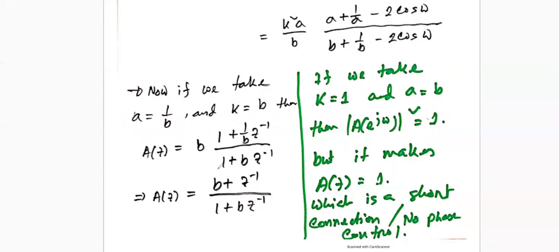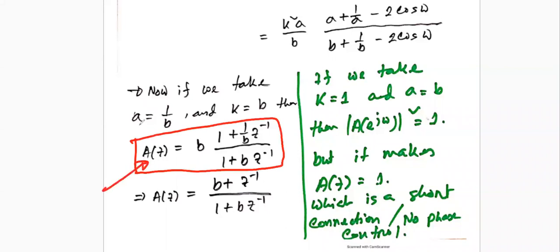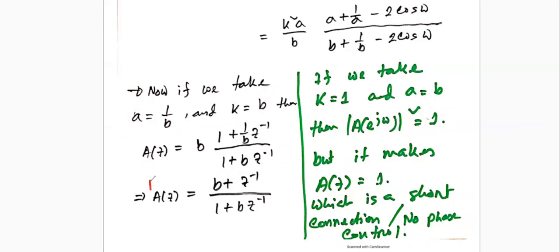On the other hand, what will happen? This is the interesting part. If you look at A(z), the transfer function of the all-pass filter, putting the value a equal to 1 by b and k equal to b squared, you are getting ultimately this result. Now we are very happy because, of course, the magnitude response, the power spectrum, is 1.